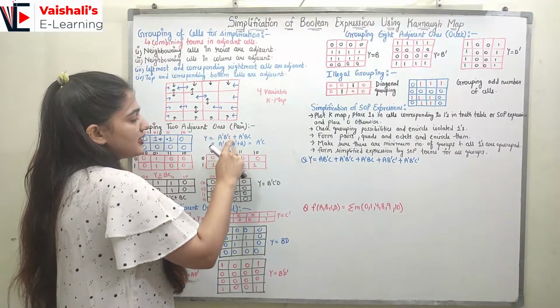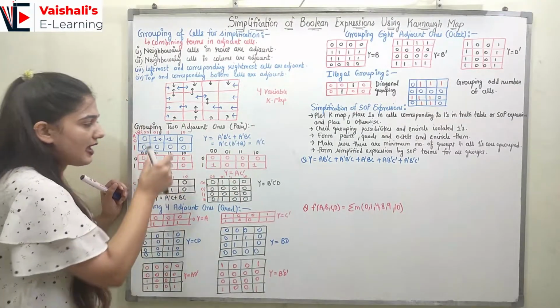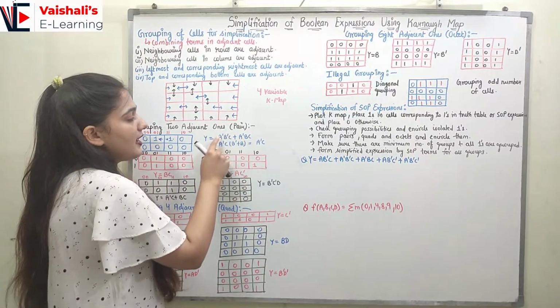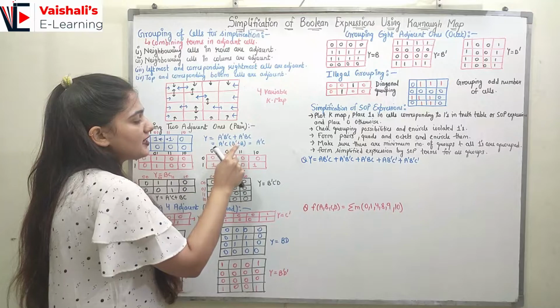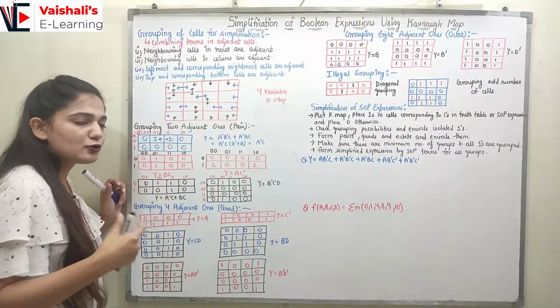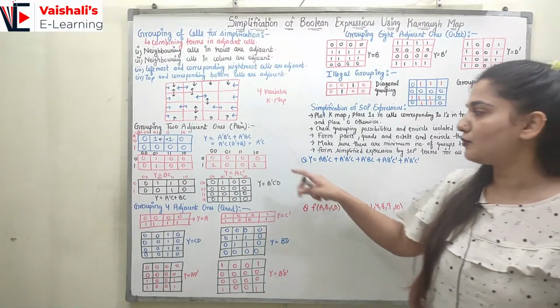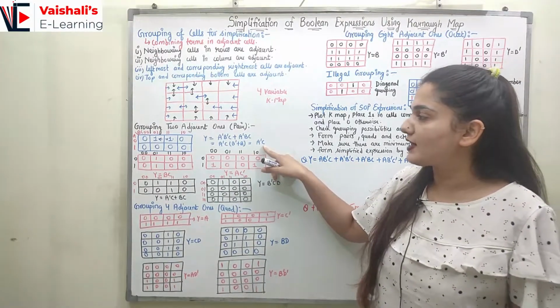So if I combine these 2 cells, we have A dash B dash C plus A dash B C. Now I can take A dash and C common, and B dash plus B adds up to give me 1. Any variable plus its complement is equal to 1. So I am left with A dash and C.